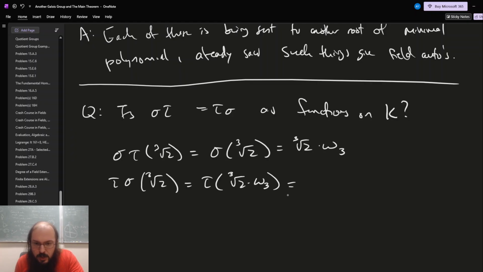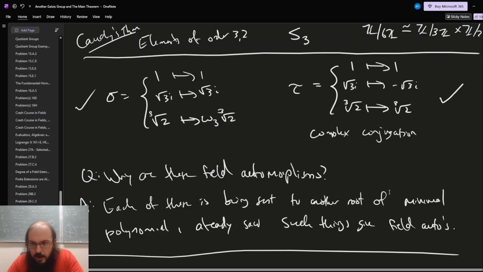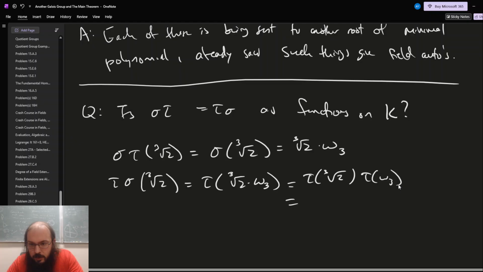Since tau is a field automorphism, it distributes over these things. And we know that tau acts by complex conjugation. And so in order to understand what happens with omega 3, we can either use the fact that we know this is complex conjugation.